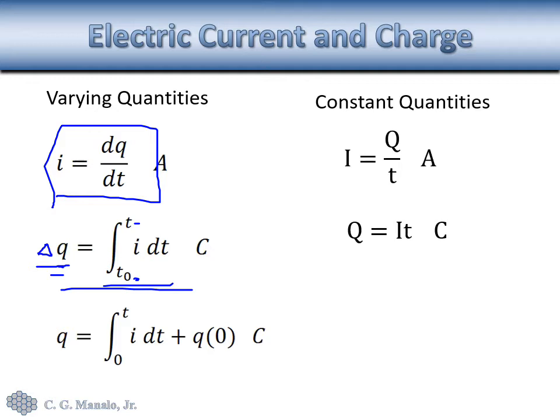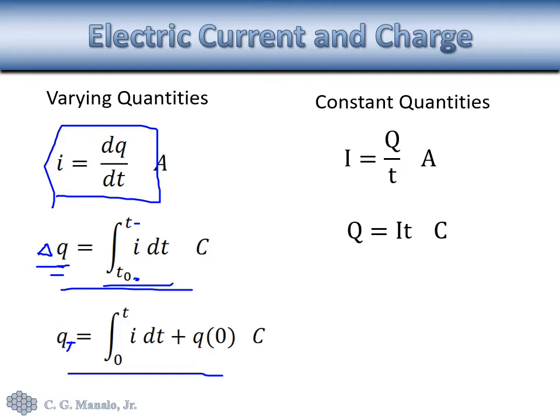Now we have another formula here, and this means that this is the total q, the total charge that has crossed a given point in a material or conductor.